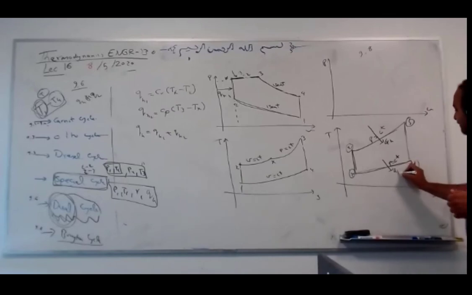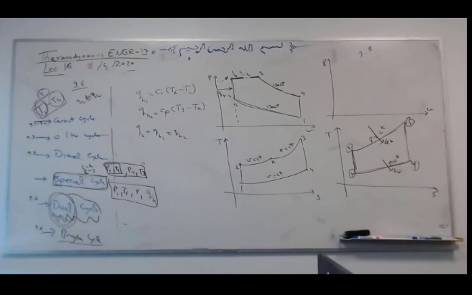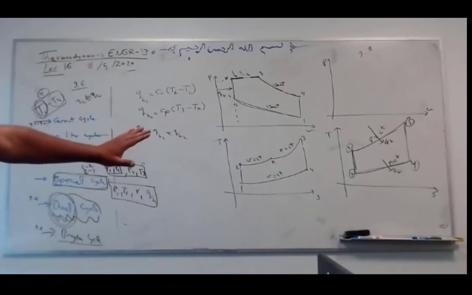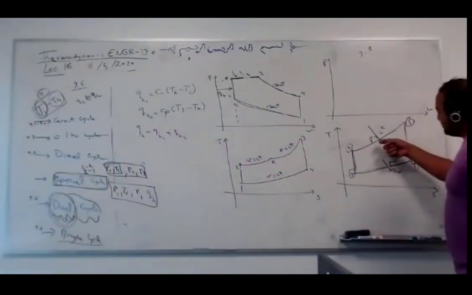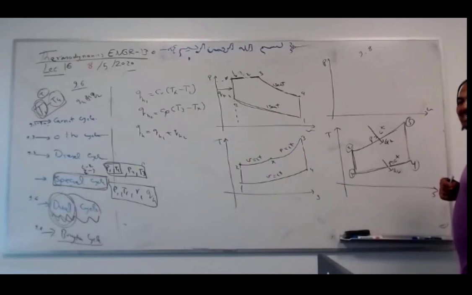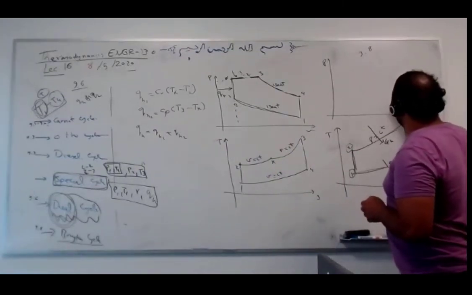So if you have two constant volume processes, last minute, that's Otto. Constant pressure, Brayton. This is volume constant, this is pressure constant. Look at the PV diagram, exactly the same thing.